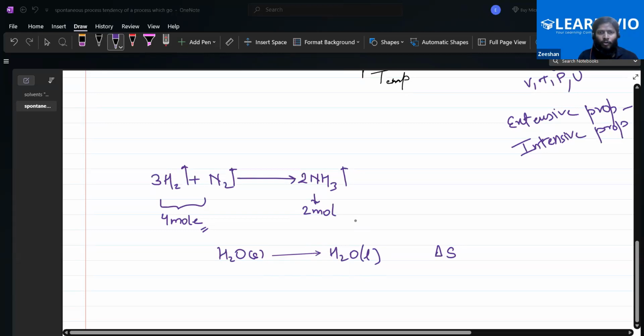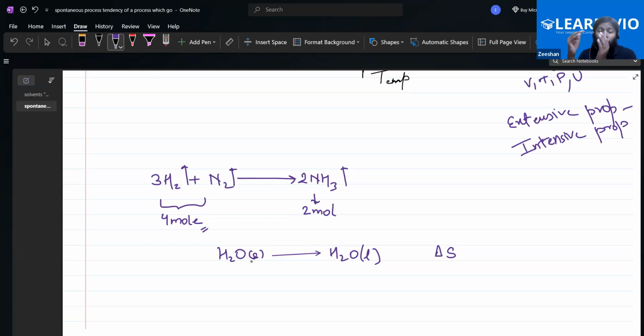Let me tell you all that randomness means the molecules, look into the molecules, they are maybe vibrating more, or they are traveling more. So in solid, the molecules are bonded. Anybody got confused that I have written H2O in bracket solid?